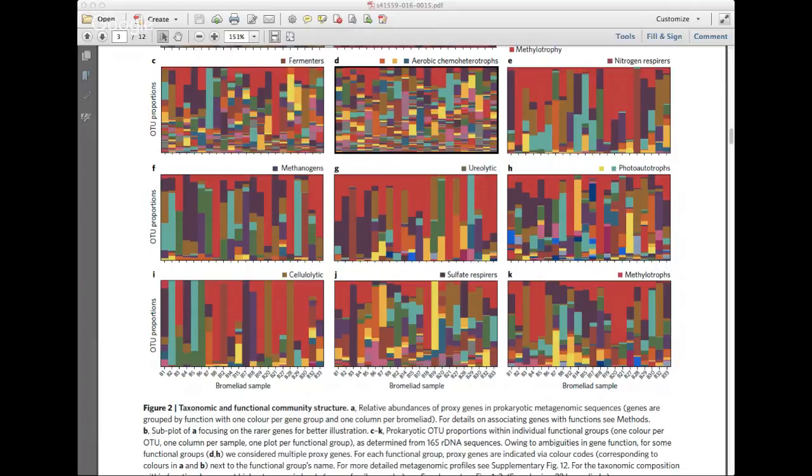So I'm going to say that for me, I'm not incredibly surprised from this, because when you think about this bromeliad tank system, as Kat pointed out, it's basically a pitfall trap system for whatever happens to end up in the tank.